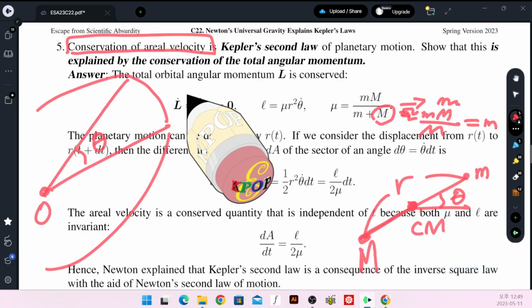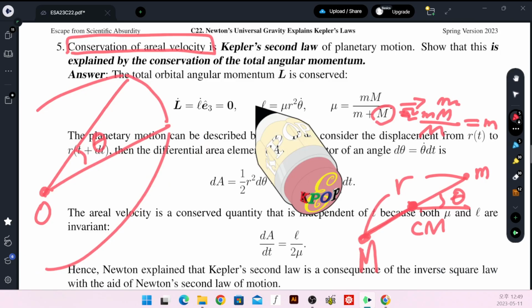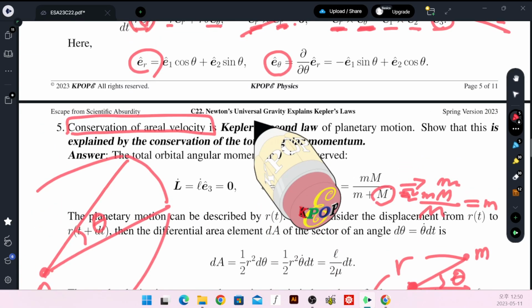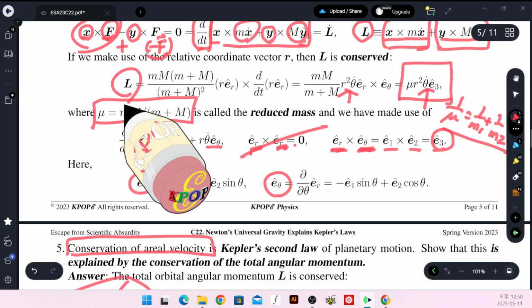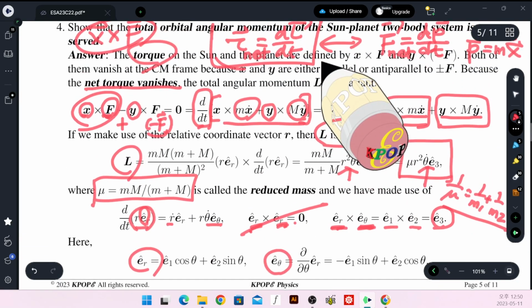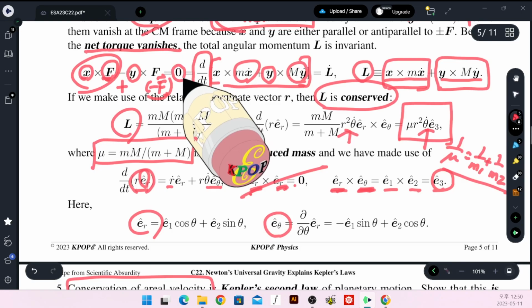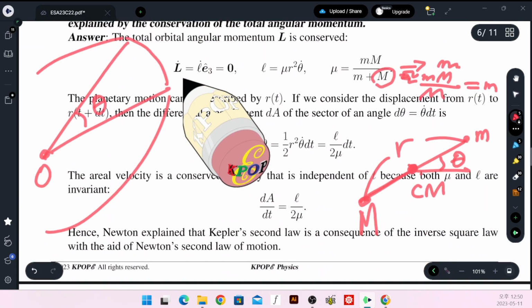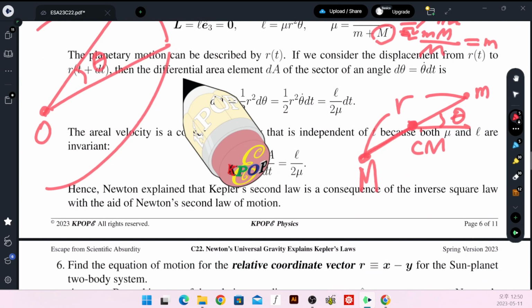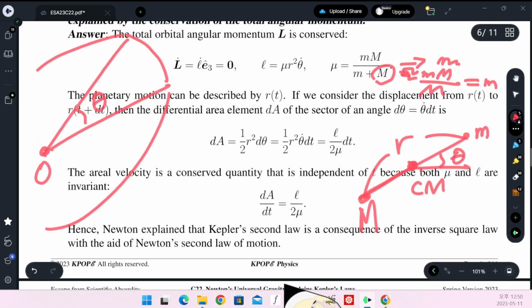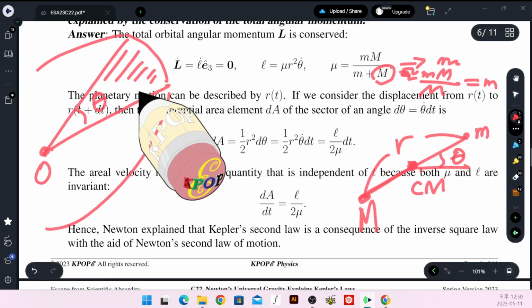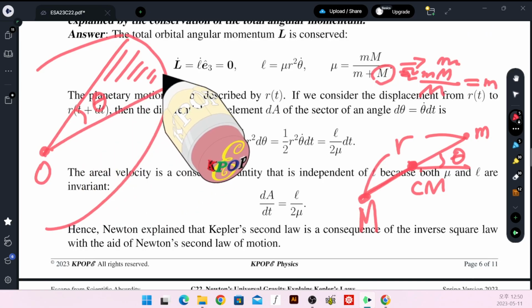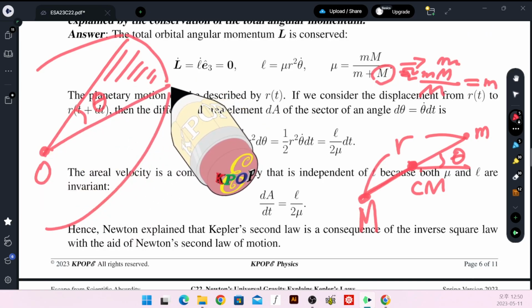All right, so the orbital angular momentum has been computed as mu r squared theta dot, and that is conserved. Why? The torque is 0. As a result, we have the area of this orbit.